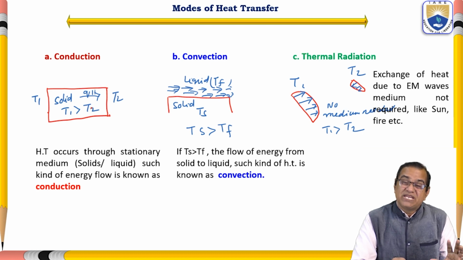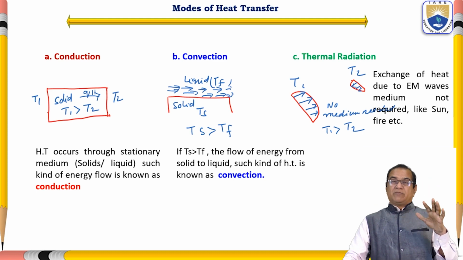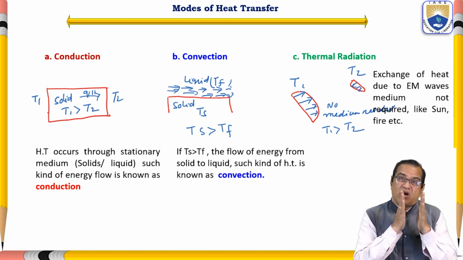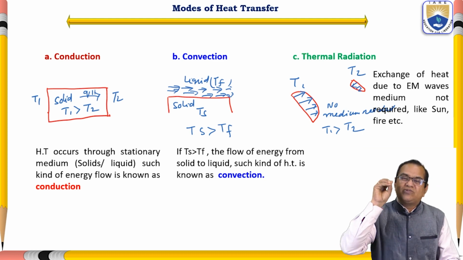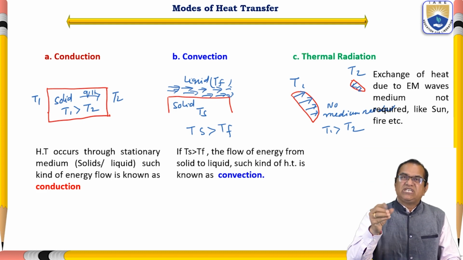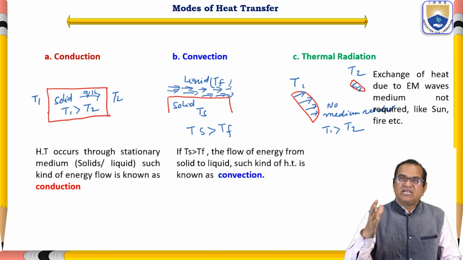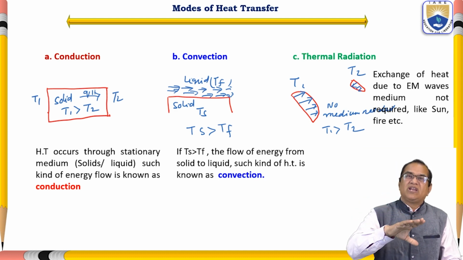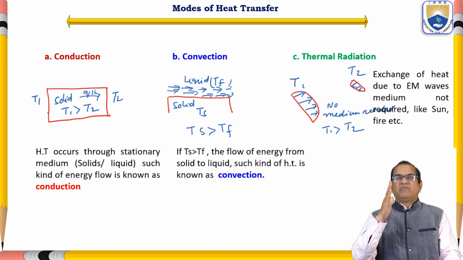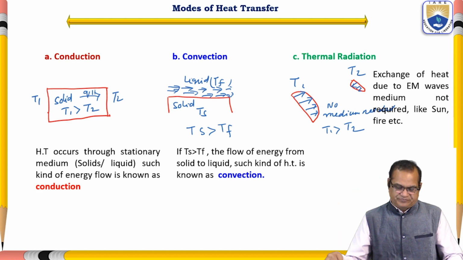Here, only vibrations of the molecules take place. Molecules will not move from their original position. As you give extra heat or energy, the molecules will start vibrating, and these vibrating molecules transfer the energy from one place to another.